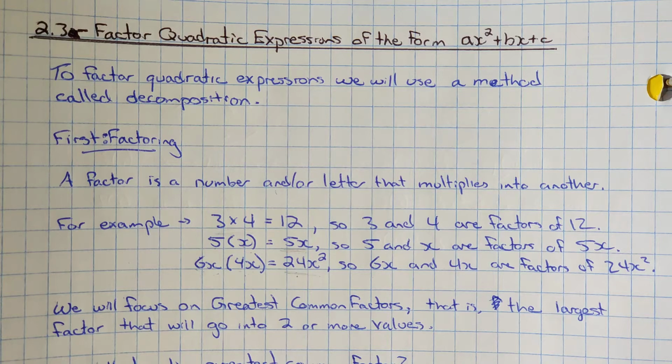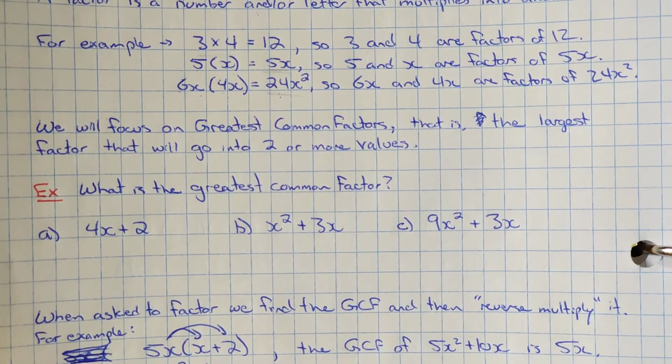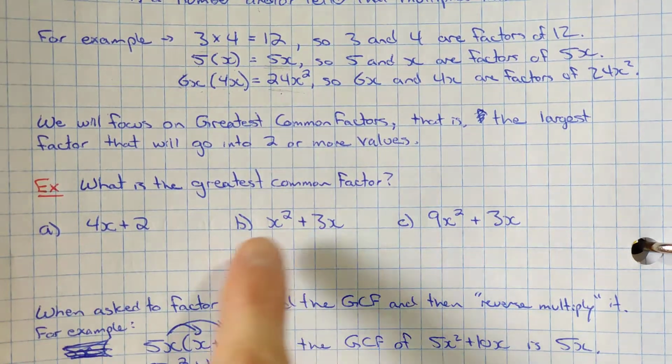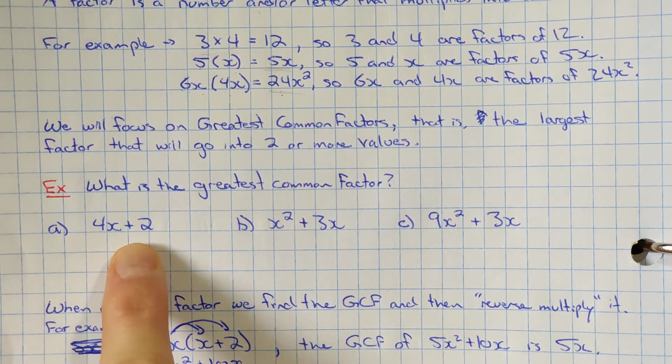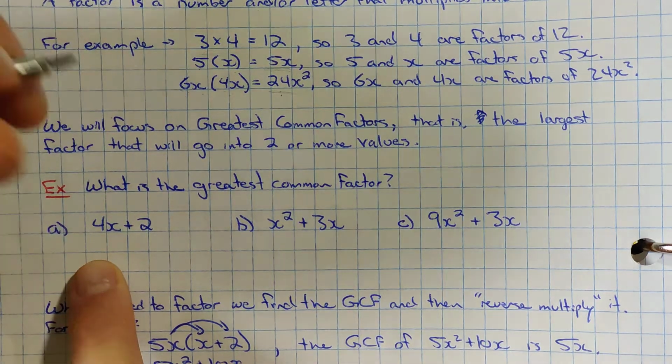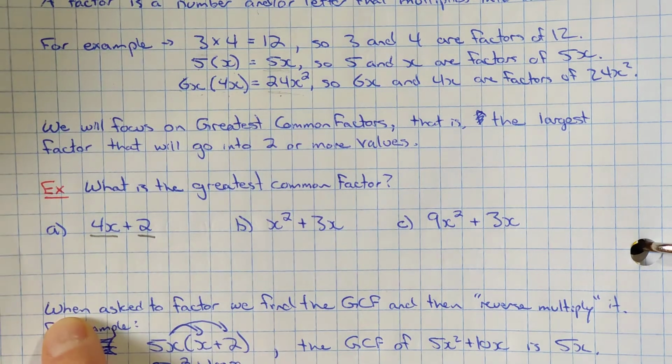So we're going to focus on just greatest common factors. Greatest common factor means that it's just the largest factor that will go into two or more different values. Okay, so it's got to be the same between the two values. So we'll do some examples here. What's the greatest common factor between 4x and 2? If we look at 4x and 2, we look at the factors of 4x and the factors of 2.